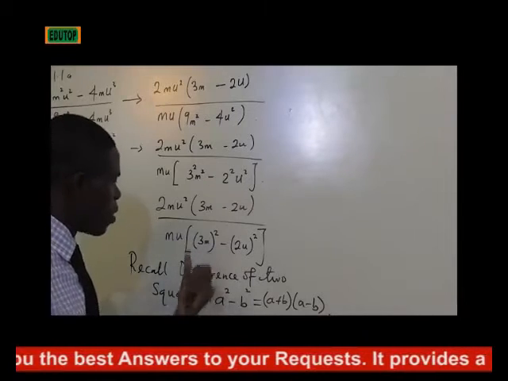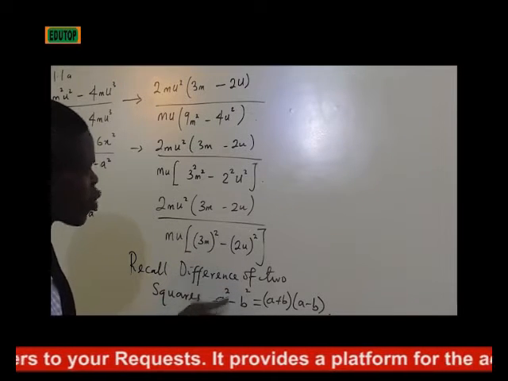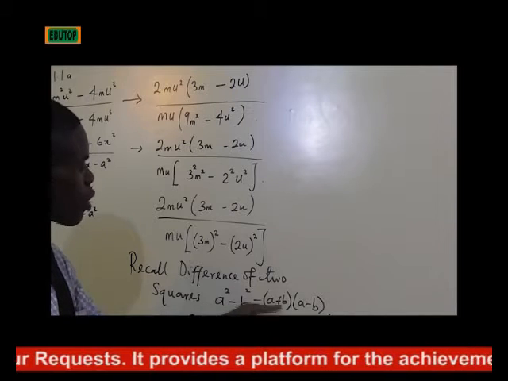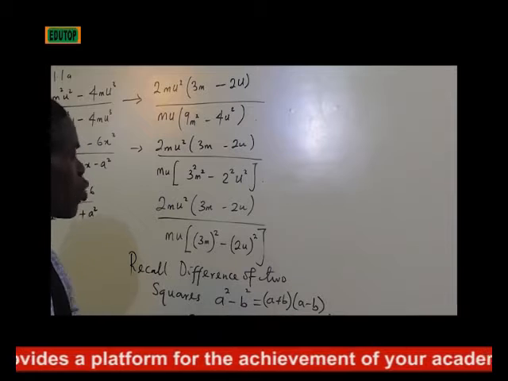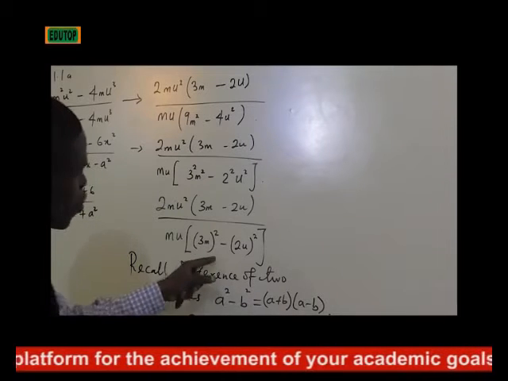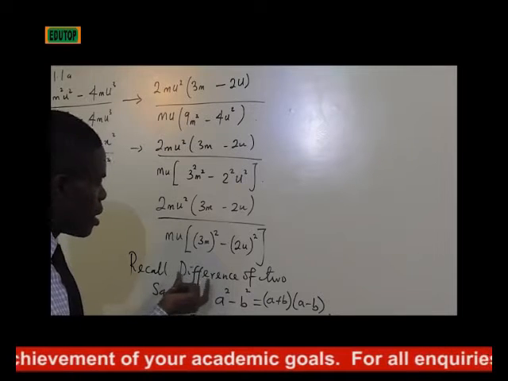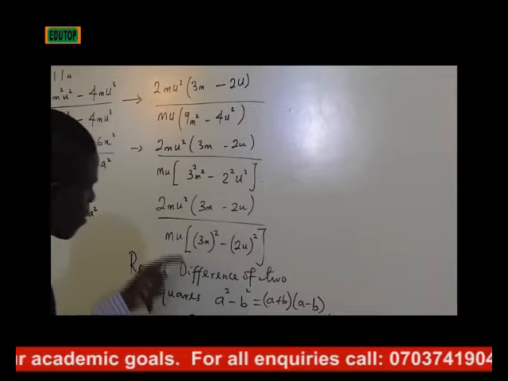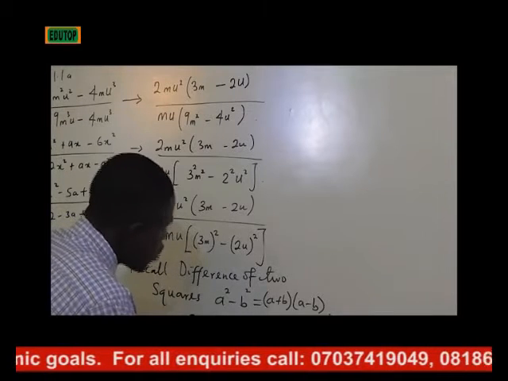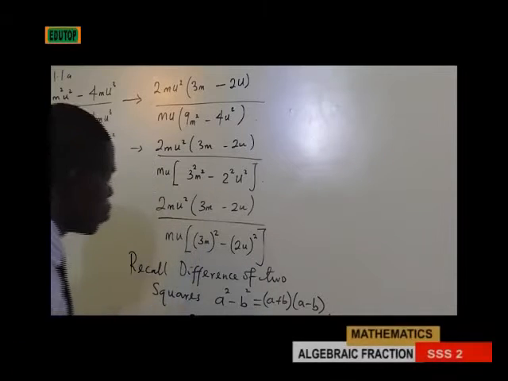And if I get to this point, recall difference of two squares, which states that a square minus b square is equal to a plus b in brackets into another a minus b in brackets. So automatically, by applying the difference of two squares concept, I can make this 3m plus 2u, then 3m minus 2u.